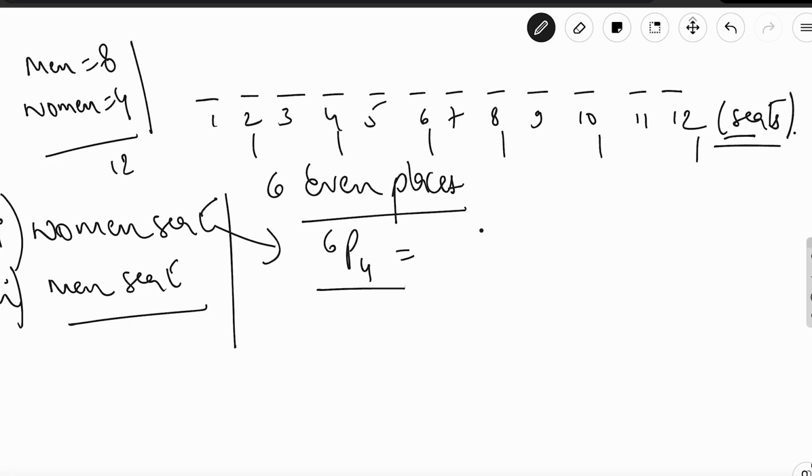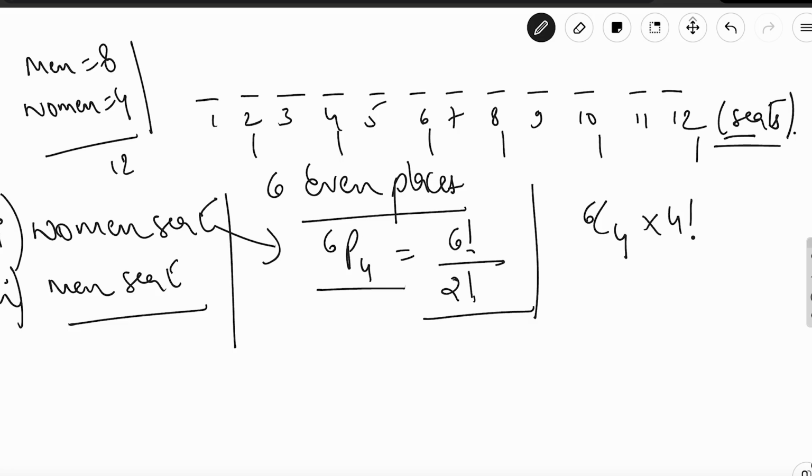So 6 factorial upon 2 factorial. Even if we go by the selection route, we select 4 places out of 6 for seating the women, and then arrange the 4 women in 4 factorial ways. So it will give us 6 factorial upon 2 factorial into 4 factorial, into 4 factorial. So cross it off, and again we reach 6 factorial divided by 2 factorial.